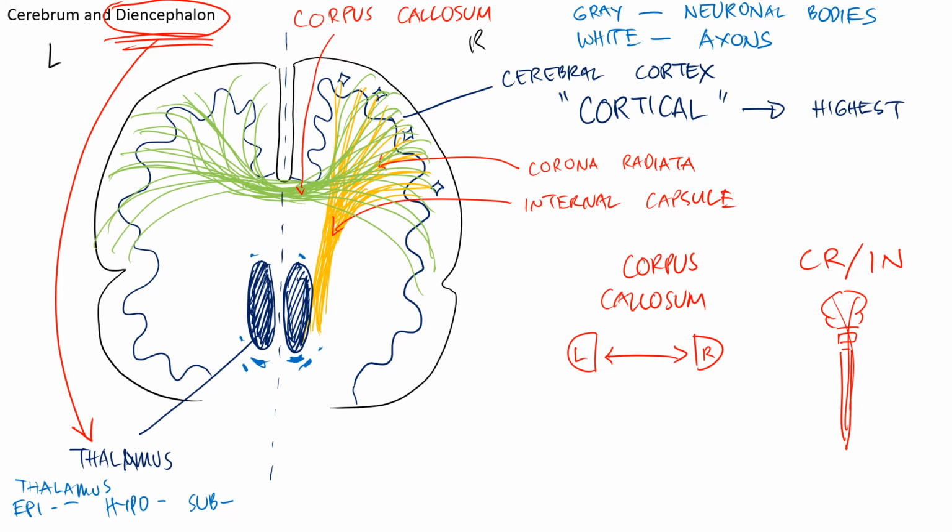Now, if you really want to be strict about classification, you also have to include the third ventricle. And basically, your third ventricle is a hollow part of the brain that has your CSF, and it's connected to your lateral ventricles here. Okay, anyway, so that's your diencephalon.